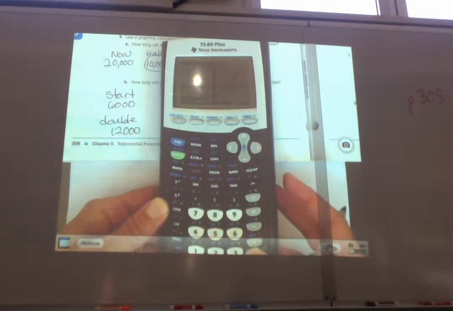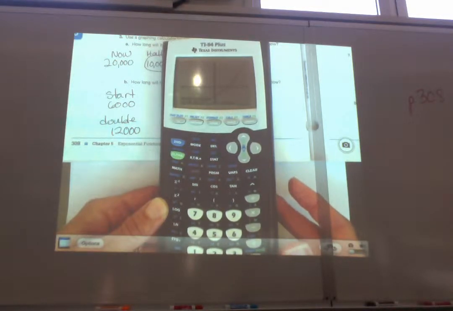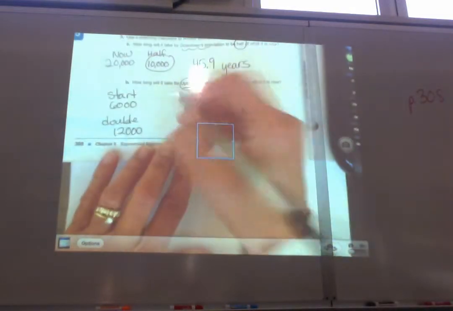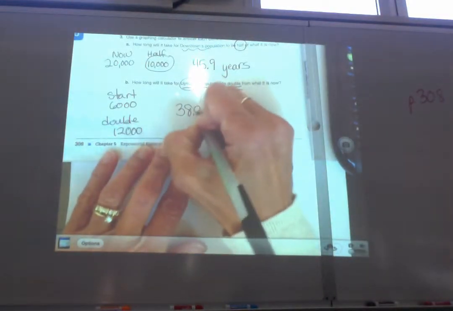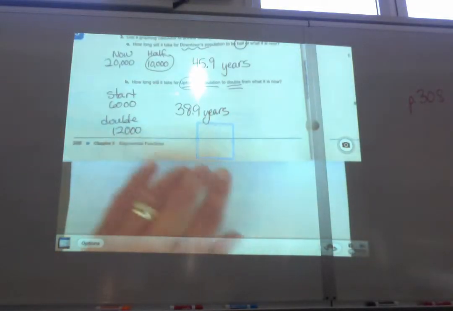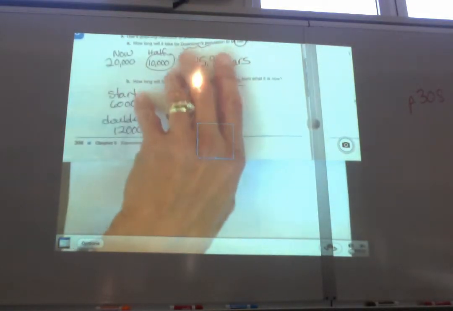First curve, enter, second curve, enter, guess, enter. And intersection at 12,000 is 38.9 years. And that's good. That's what I was seeing in a lot of your books. All right?